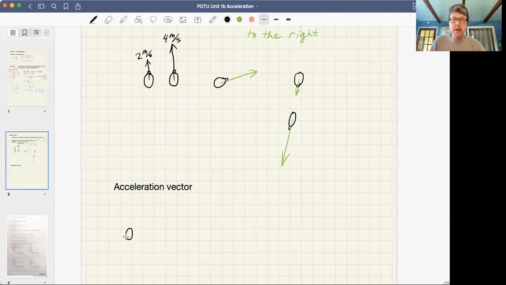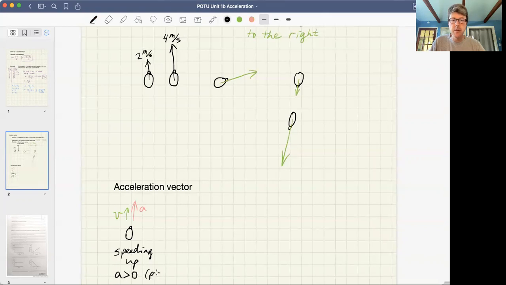So if an object is speeding up, then the acceleration vector would be pointing forward. Okay, this is the acceleration vector. If the velocity vector and the acceleration vector are both going the same way, then the object is speeding up. So its acceleration is positive. The acceleration is greater than 0.